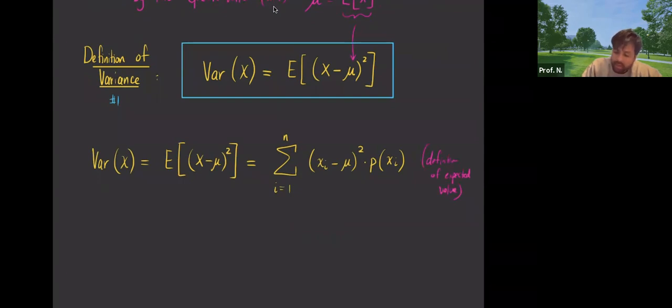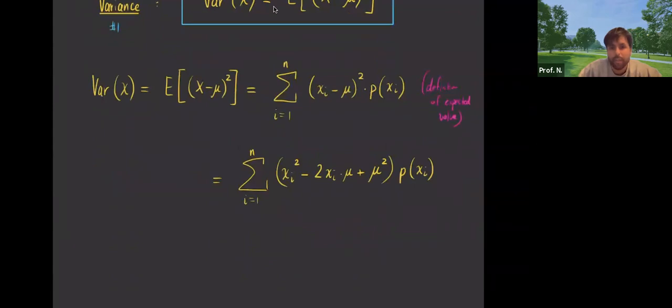And if we consider this squared term, we can expand it. So this becomes a summation, i goes from 1 through n, of x sub i squared minus 2 x sub i times mu plus mu squared, times P of x sub i. So all I did was expand.